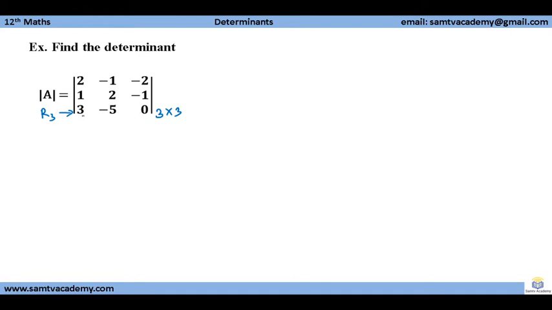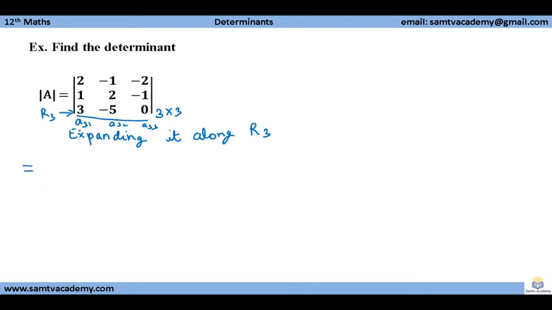So we will expand it along R3, as it has a 0 in this, so it will at least reduce some calculation. So first we will see what is the location of this element. This is A31, this is A32 and this is A33.